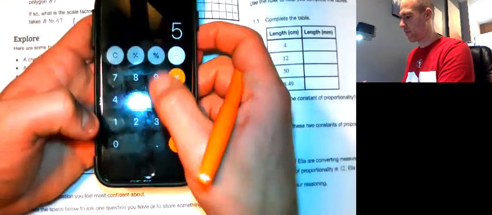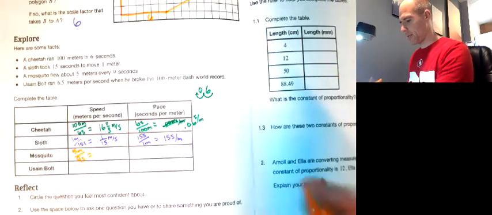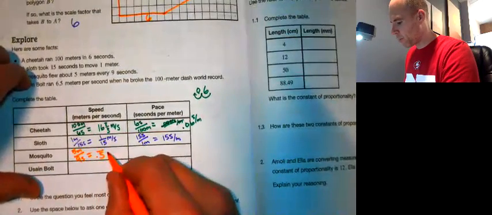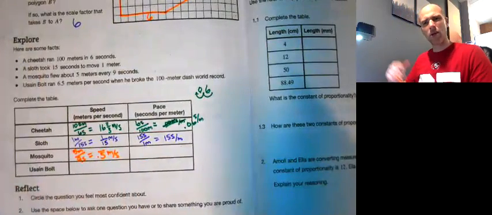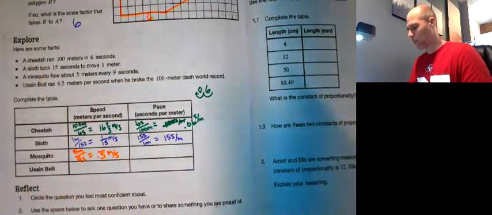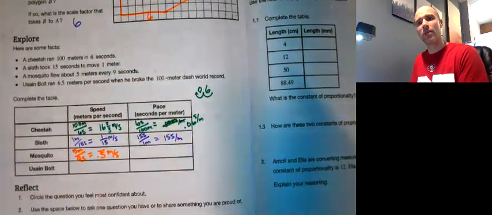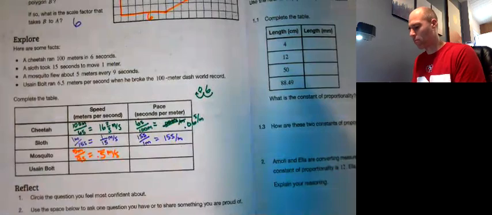Let's see, 5 divided by 9. Yep. Don't worry about that 6 at the end, that's just the calculator doing calculator stuff. So 0.5 repeating meters per second. That's a little over half a meter. Every 1 second, the mosquito goes a little over half a meter.